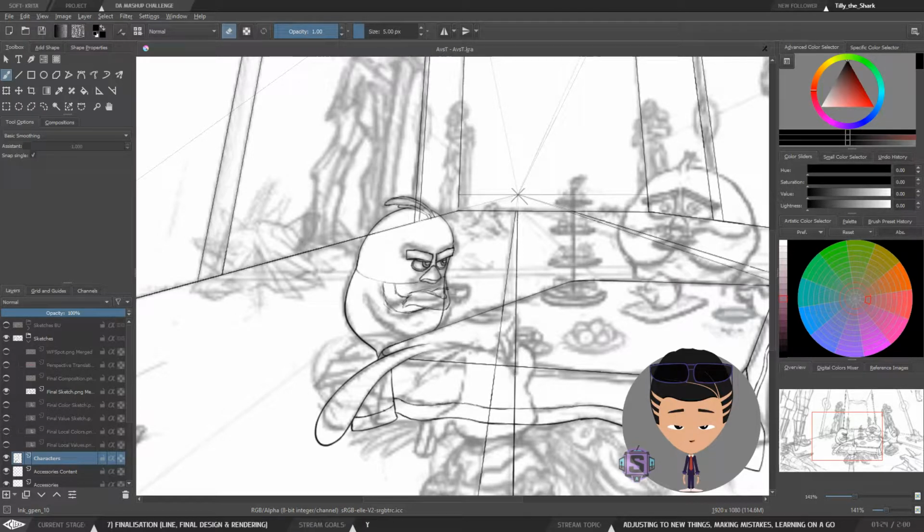So yeah, let's just find the specific reference when he's crossing his hands. This definitely will benefit.